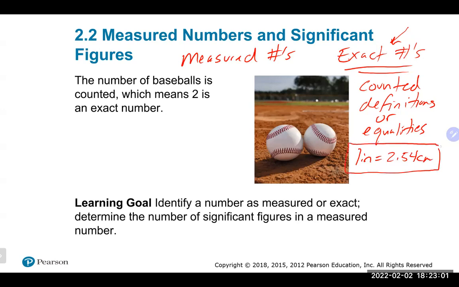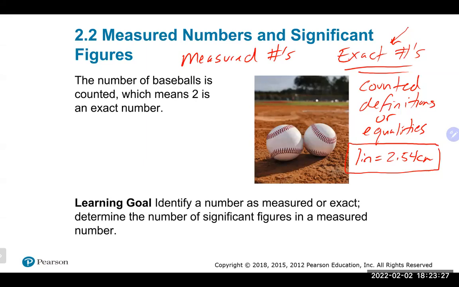Any type of equality that we come across is considered an exact number. As we will talk about later in this chapter, you don't have to worry about significant figures when it comes to exact numbers. Exact numbers can have as many significant figures as you want, because they're exact.